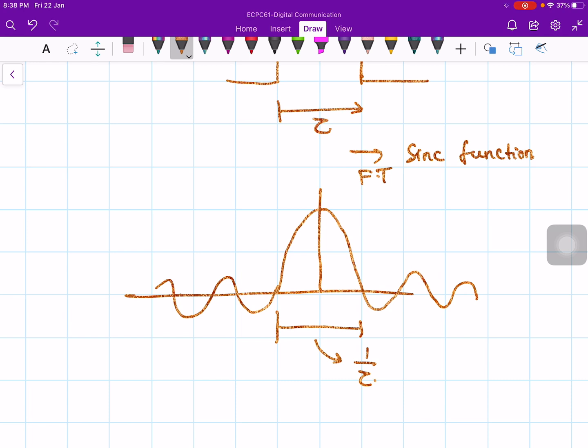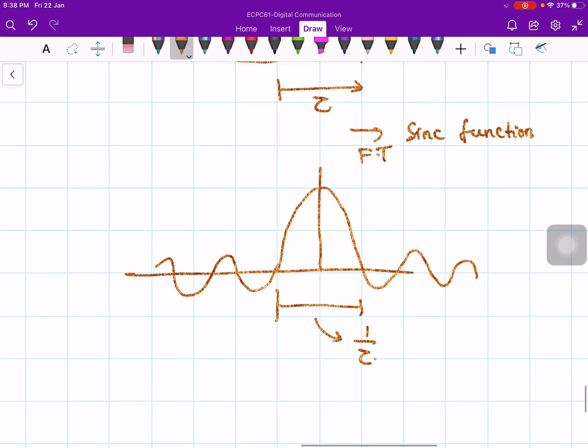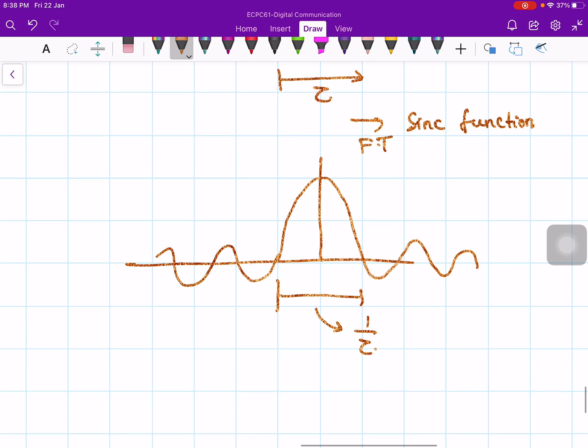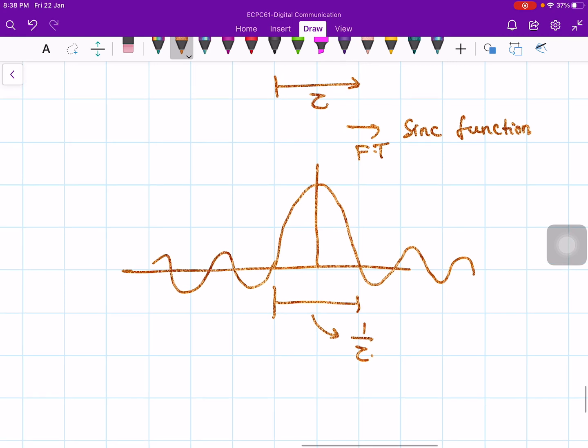Does it make reasonable sense? Roughly we can say that if you are using pulses with each pulse having a width of approximately tau seconds, then the bandwidth associated with that pulse train will be of the order of 1 over tau hertz.